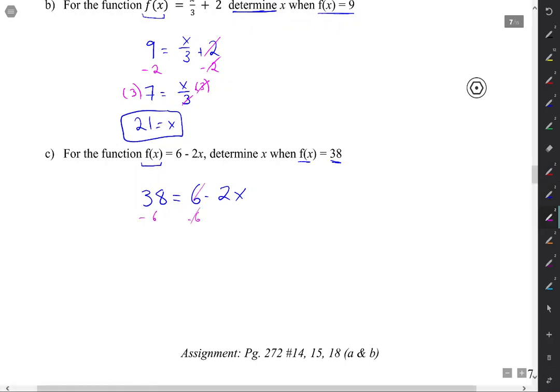That'll cancel that out. So 38 minus 6 is 32. And then we have equal to negative 2x. And now we have to divide by negative 2 on both sides of the equal sign because that'll cancel that out. So 32 divided by negative 2 is equal to 16. So 16 is equal to x, and that would be the final answer.